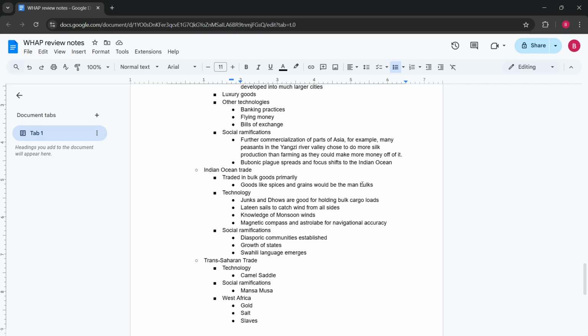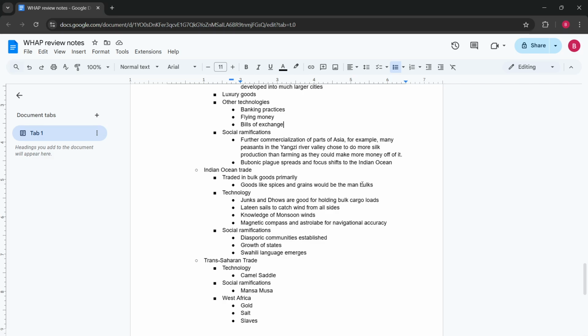Some social ramifications: diaspora communities are established. These are mainly established in Southeast Asia, but they are also on the Swahili Coast, for example. They are everywhere, but the main two would be the Swahili Coast and Southeast Asia. Then there's the growth of states from all over, because now that they are being traded with more, they start growing as they get more money.